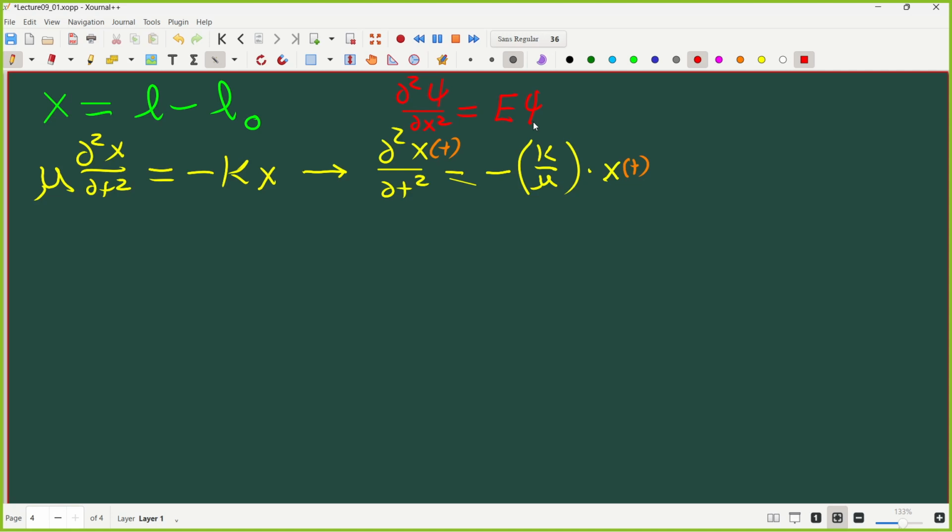Well, we know the solution to that: sines and cosines. That's what the solution for the particle in the box is. It's exactly the same expression. You just have a negative sign here, a negative constant. Same differential equation, same form.